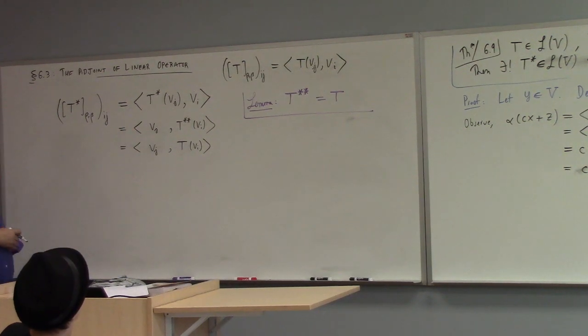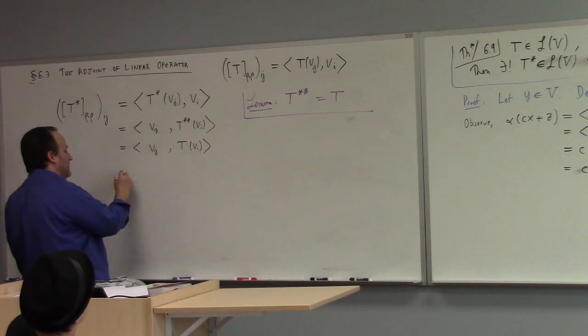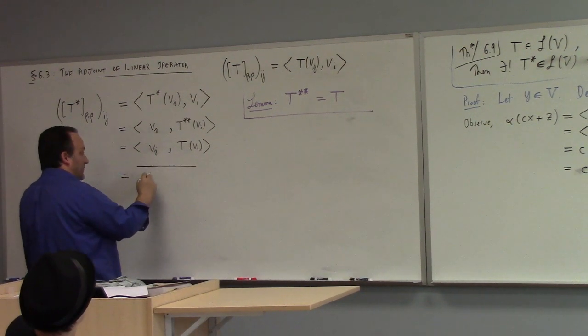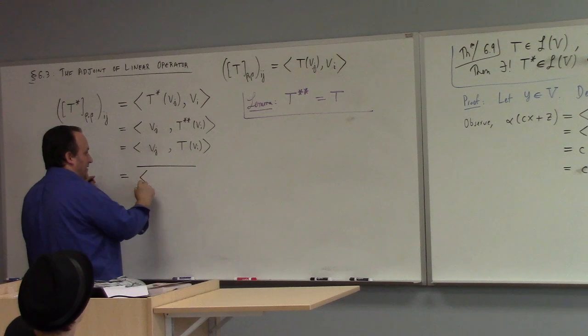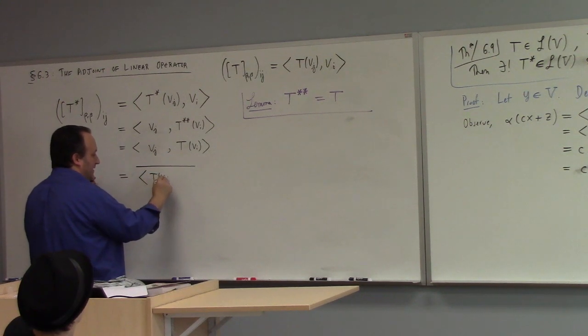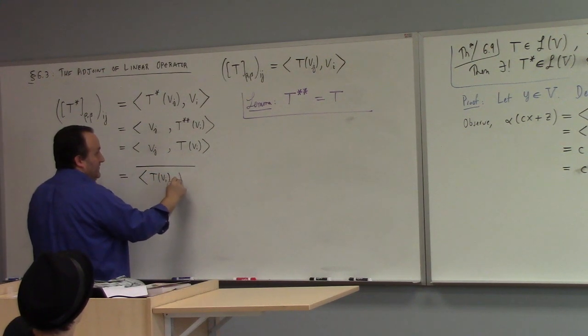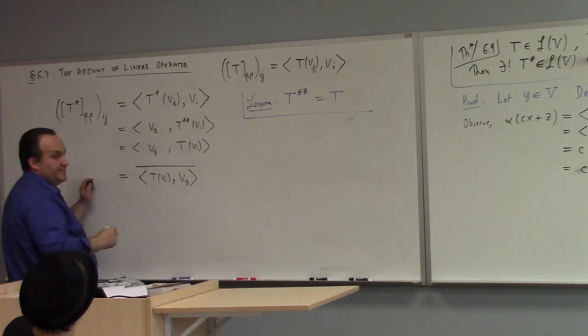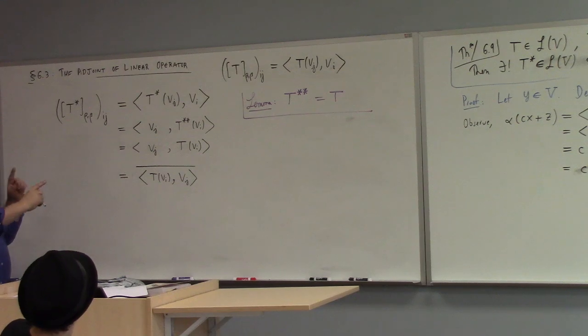All right, great. Now, that's still not quite the original matrix, which is good because it isn't the original matrix. But notice that we could put a complex conjugate over here, and then we'd have T of Vi, comma Vj, which has the i and j roles reversed.